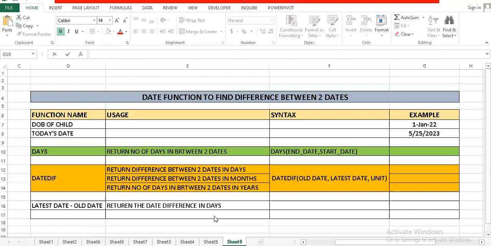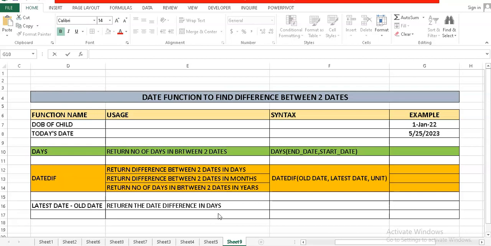So the first formula of date function is DAYS. It will return the number of days in between two dates. If two dates are given, the difference between these two dates is written in days format only. Consider that the date difference is 1 year, but if you apply the DAYS function, it will return 365 or 366 days.